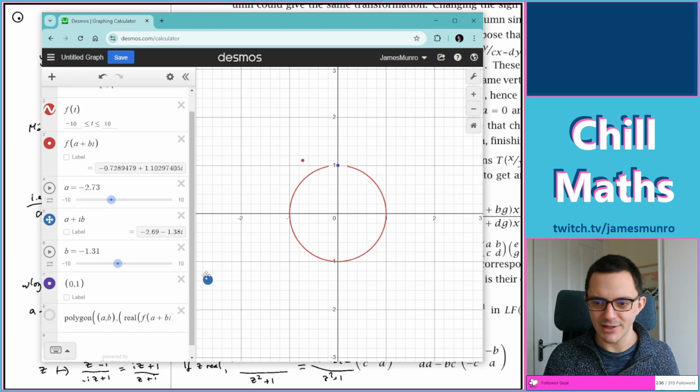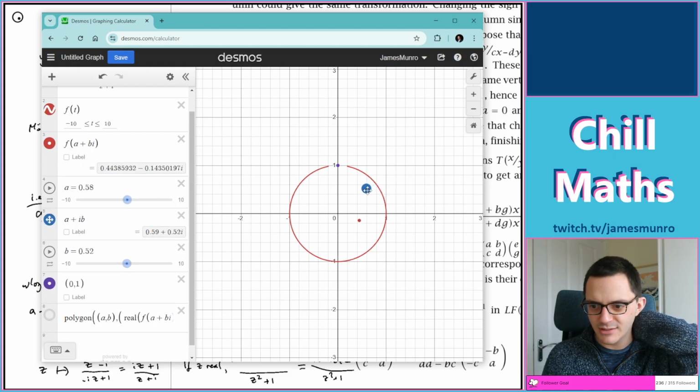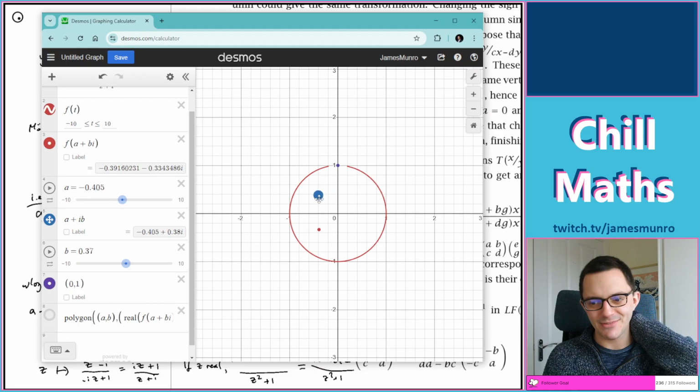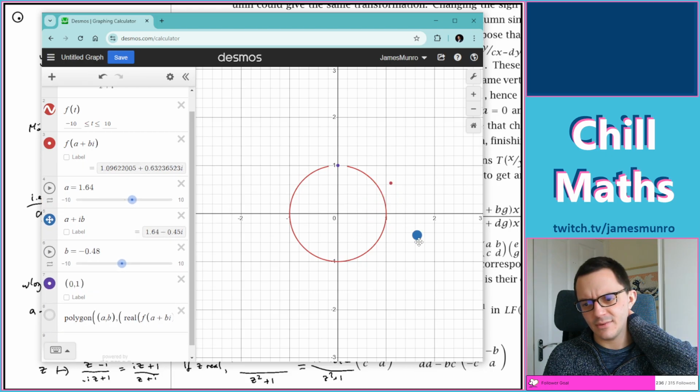Around here I'm not very far away. Crossing the circle is crossing the real line. And then the inside is kind of the inside. So asking whether the lower half of the circle is the image of the upper half of the circle. Yeah, no, it is. And then down here goes over there.